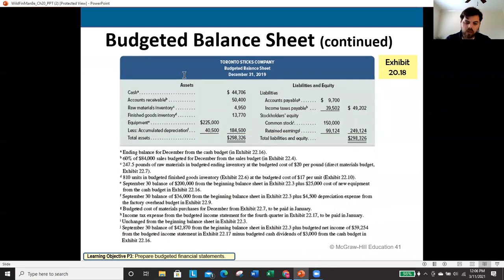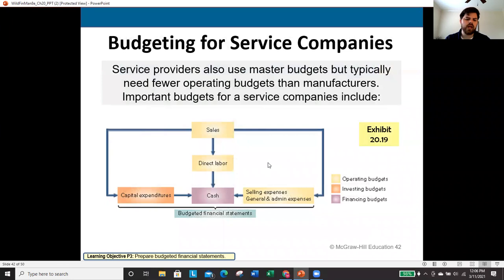Now, moving in to the next area, we can look at doing this for service companies. But the idea with service companies is they don't have production. So their budgeting is much, much simpler because they don't have those direct materials. They don't have all of those various components that we might see with a manufacturing company.